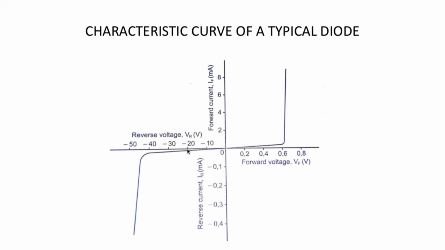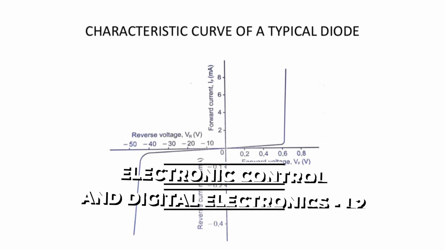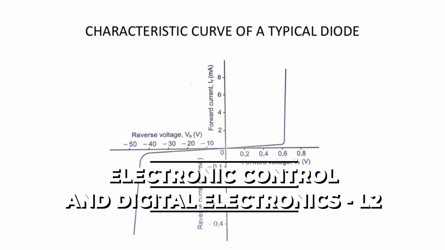Let's go back a little to the characteristic curve. The region that they are talking about is the region from 0.2 to minus 10 in the reverse voltage. When the reverse voltage is increased to a large value, the diode reverse current increases. The applied voltage is known as the breakdown voltage.